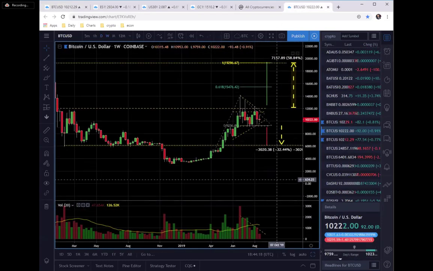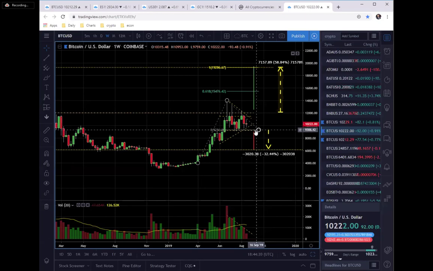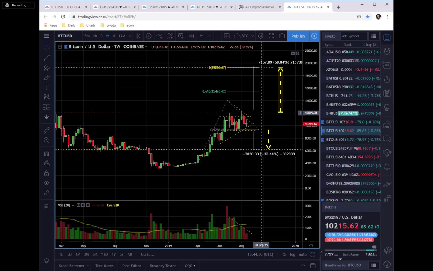If we break the 9K zone, there's a potential that we could get a 30% washout to retest prior support. If we break out above 12K, we're looking at 15K as the first area, 20K as the second area.